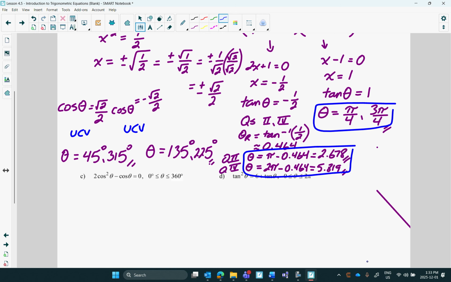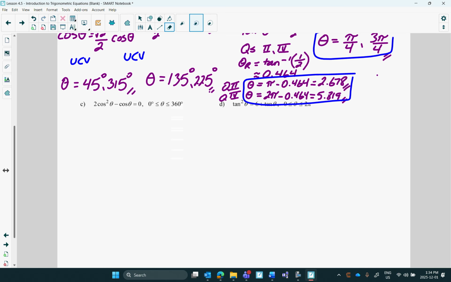So they look complex, but they're just combining two things that you guys have done for a couple of years. So when you see the square with trig, change the trig to x, figure out what type of factor.